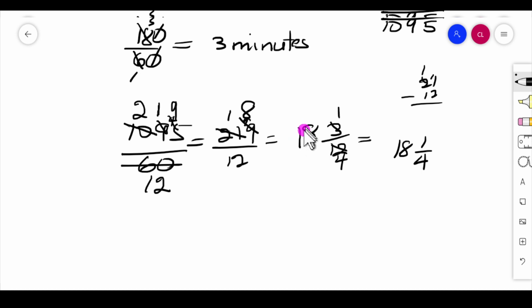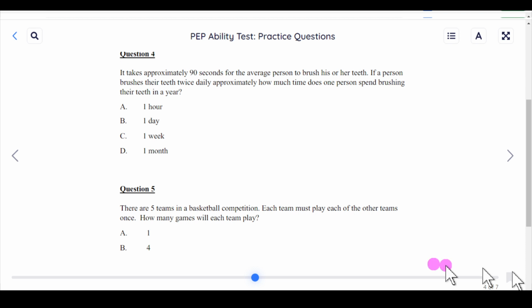Let's go and see what our question here says. Let's go back and see which one of them is closest to that. 18 and a quarter hours, 24 hours in a day, and they ask us approximately how much time.